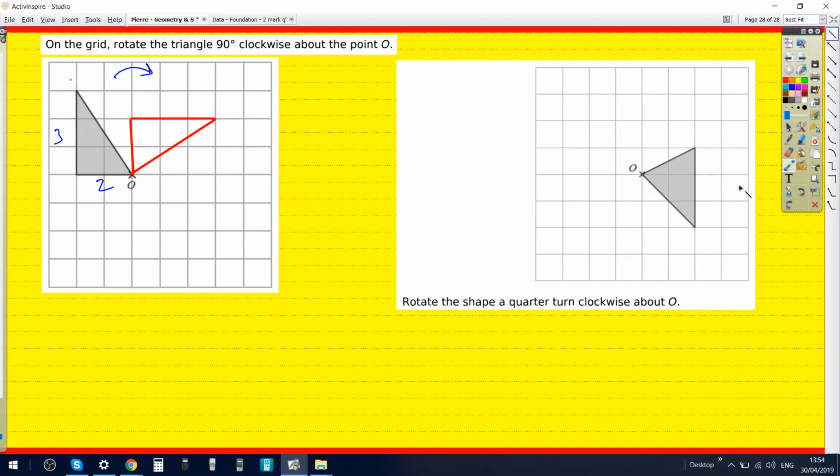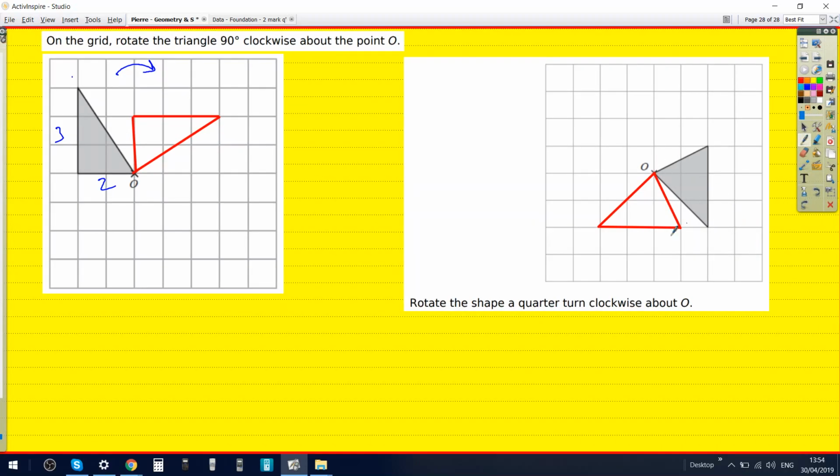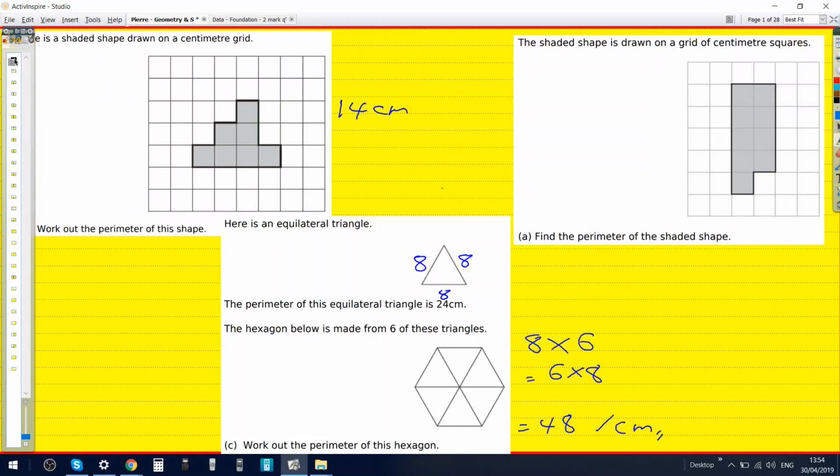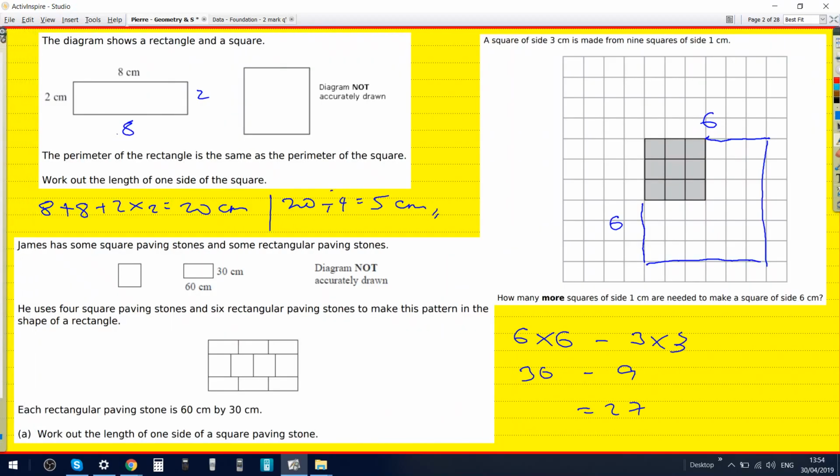So that's 2 diagonals, then the base is 3, and then you just join up that. You can also get tracing paper and trace a turn. So that is the 2 markers of all geometry.